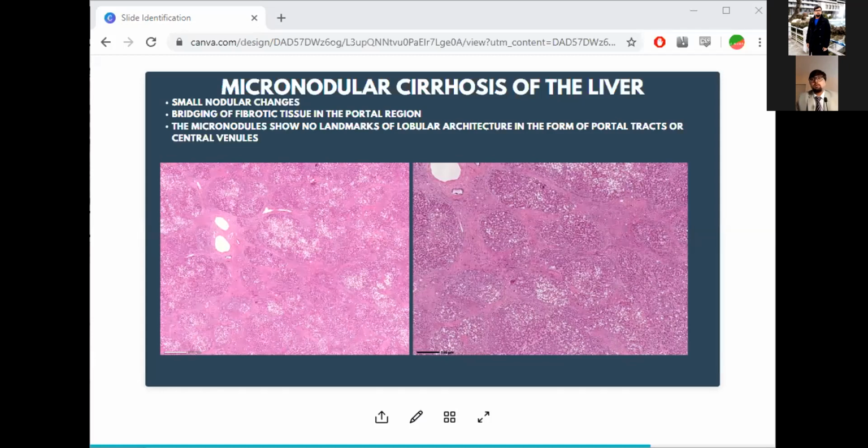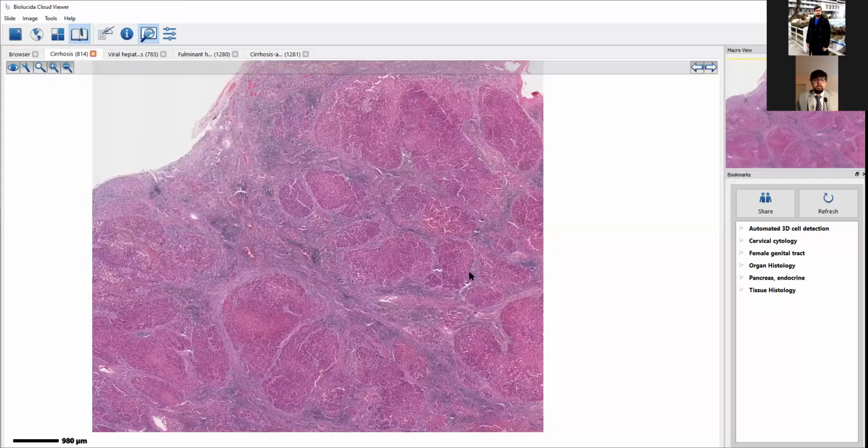Yeah. So on your screens, what you see here is cirrhosis. Again, why? In cirrhosis, you can see that these fibrotic capsules are very large. There is a deformity of the usual hexagonal shape, except that there is one problem. This is not micronodular cirrhosis.